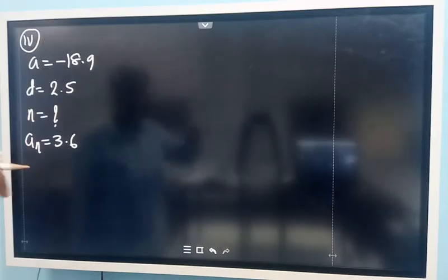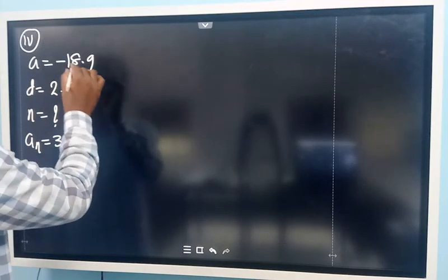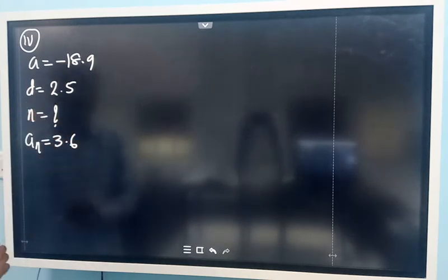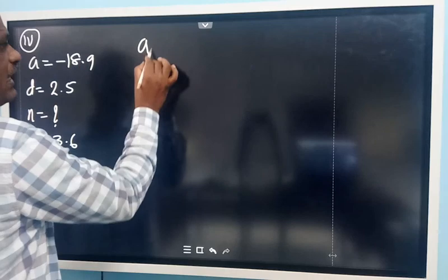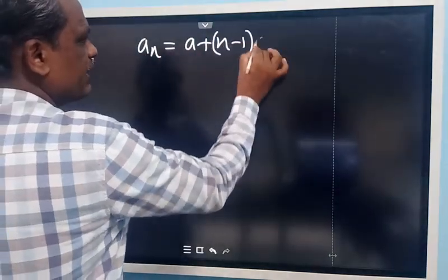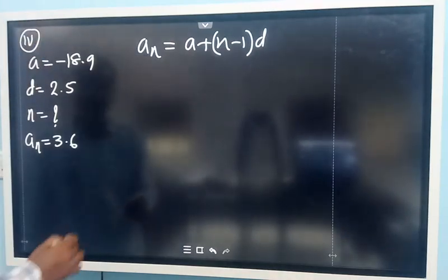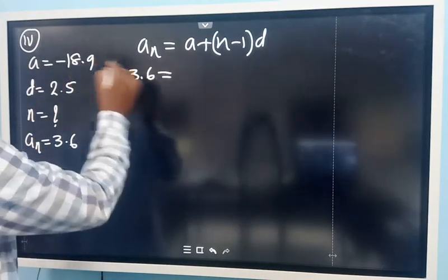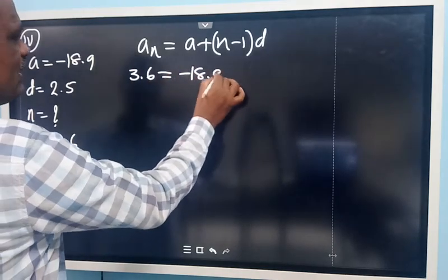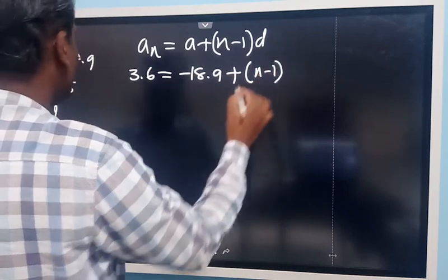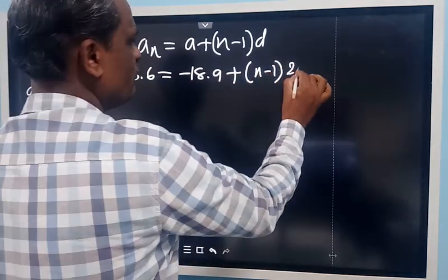Now fourth one is like this. So A is minus 18.9, D is 2.5, AN is equal to 3.6. Use the nth term formula, A plus N minus 1 into D. Nth term is equal to this one. So now AN, you substitute this value 3.6. A value minus 18.9 plus N we need to find out, N minus 1 into D value, it is 2.5.